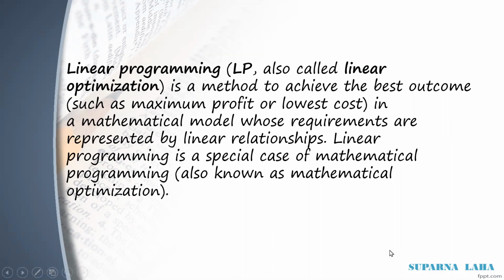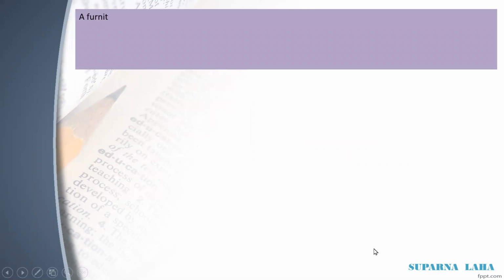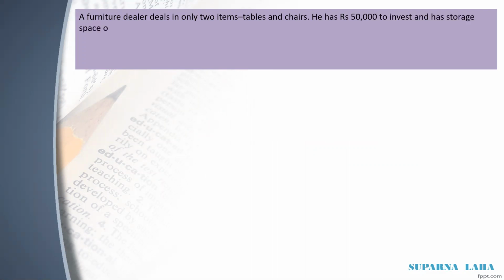So now, what kind of problem do we need to solve in this chapter? For an example, you can take that a furniture dealer deals in only two items, a table and a chair. Okay. Now he can invest 50,000 and he has a storage space of at most 60 pieces.